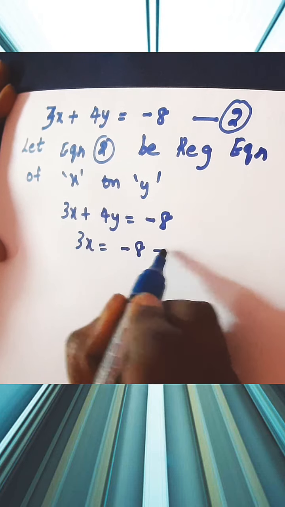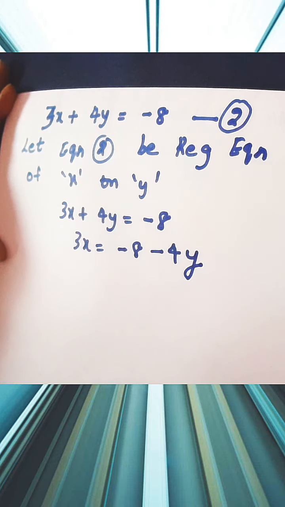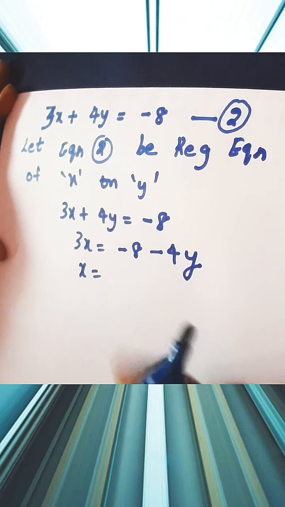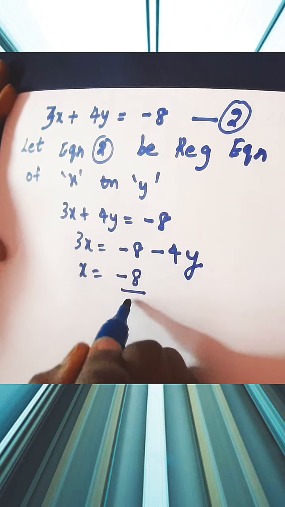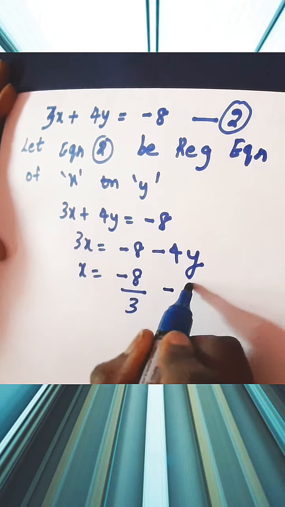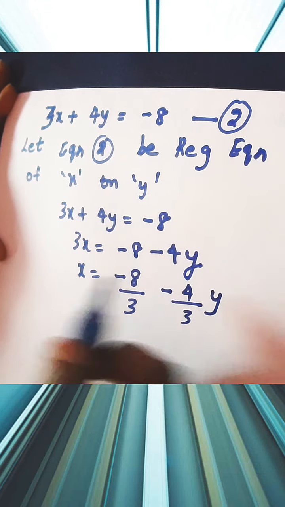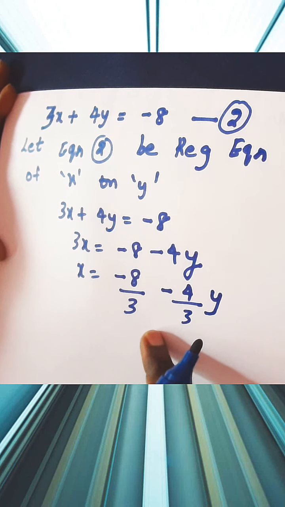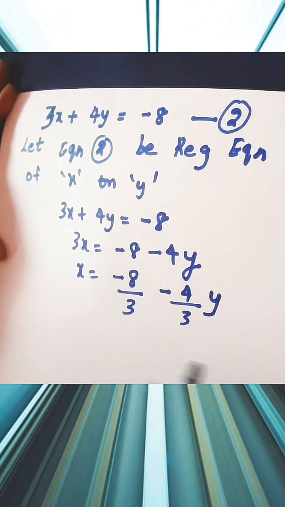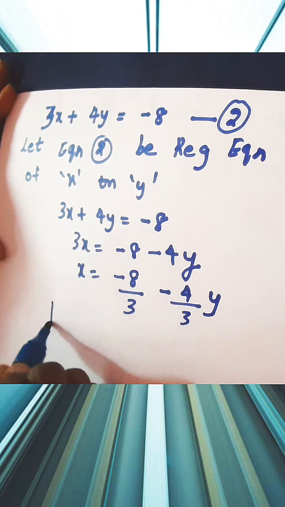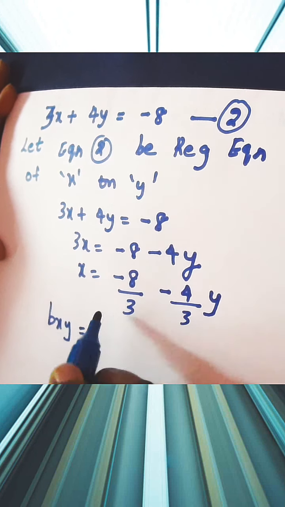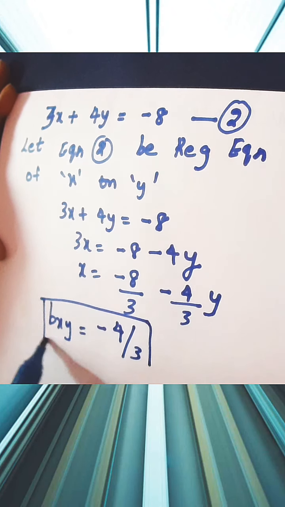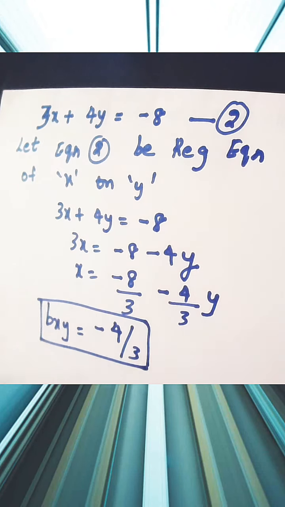I'll bring plus 4y to the other side, it's minus 4y. 3 is in multiplication; when it comes to the other side, division. So x is equal to minus 8 by 3 minus 4 by 3 into y. What is the coefficient of y? Negative 4 by 3. Exactly, it is the regression coefficient of x on y. That is, bxy is negative 4 by 3.